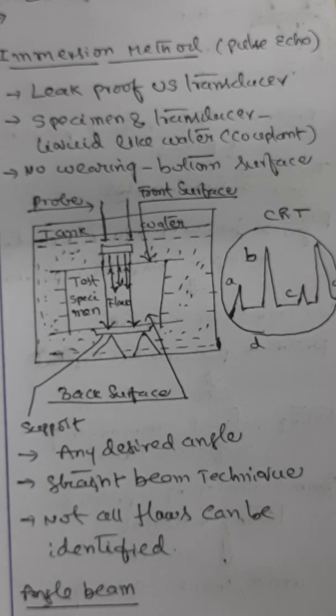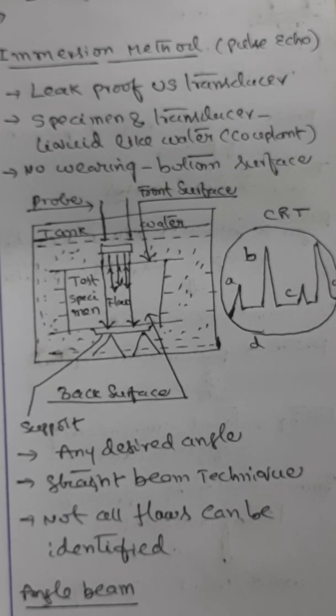Here the water acts as a couplant to transfer the ultrasonic beam from the transducer to the specimen. By this method, there is no wearing of the transducer bottom surface. Moreover, the ultrasonic beam can be sent at any desired angle by moving the transducer through the liquid.